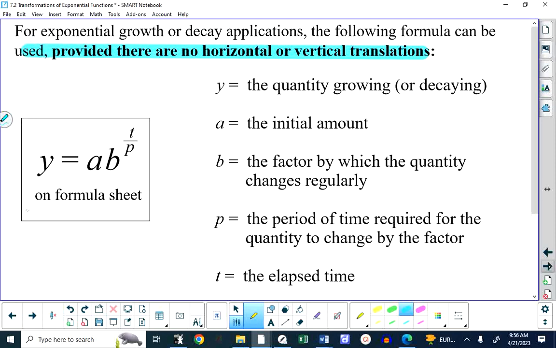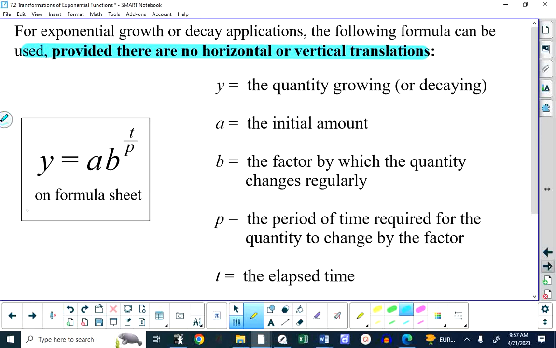And I'll be honest with you, I cannot think of any application of exponential growth or decay where there would be a transformation by shifting up, down, left, right. It just doesn't happen. We're talking here about radioactive decay, compound interest, population of mice in a barn on a farm, population of virus in the world, value of a rare magazine, value of a car that's getting older, anything that involves exponential growth or decay.